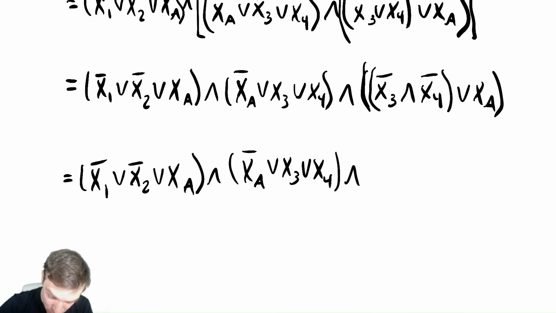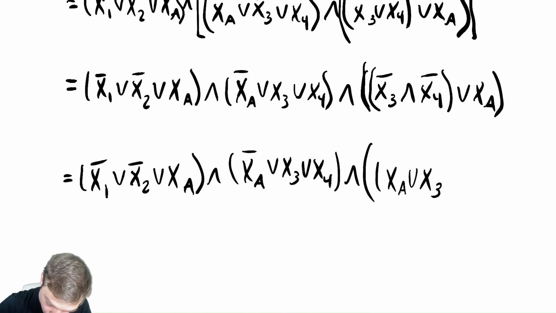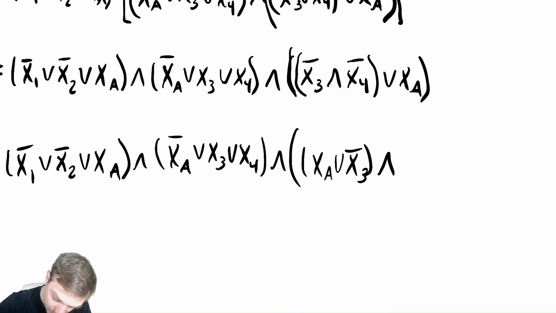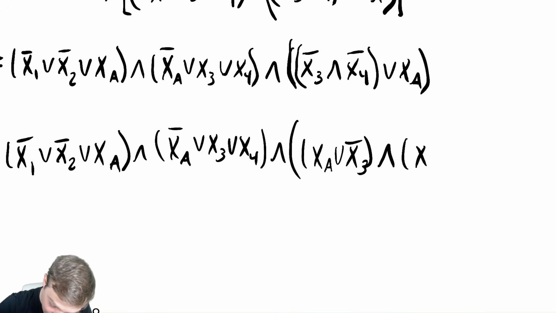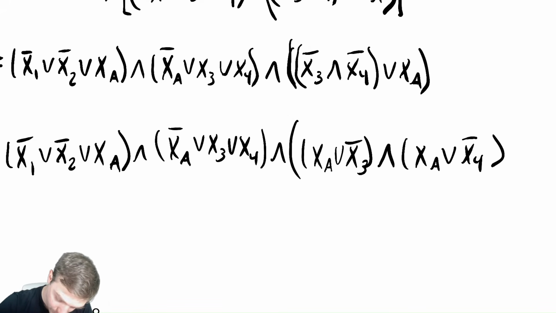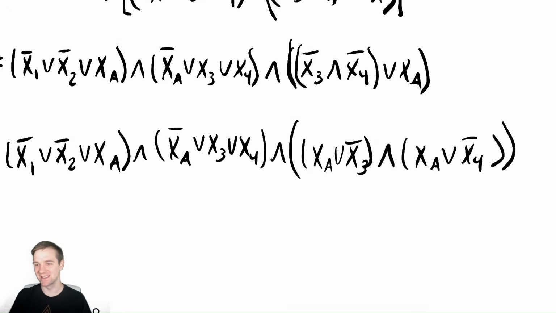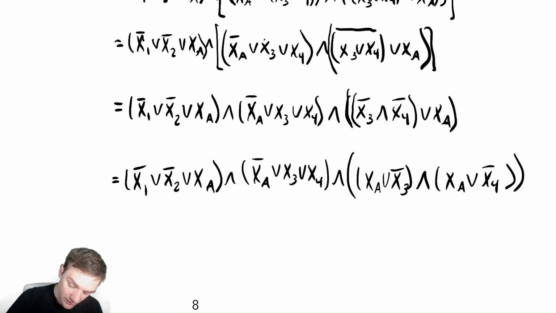And I can distribute the or and write this as xa or x3 bar and xa or x4 bar. And now we're so close. We have three literals, two literals, two literals. So for these last two terms, let's copy paste so we don't need to copy down all of this.